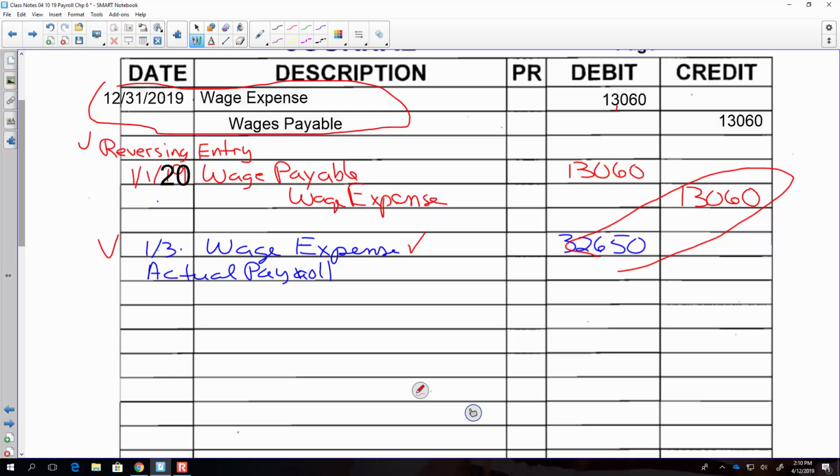But remember, as my circle says here, I'm going to net the 2 wage expense days, and basically I'm going to have a wage expense for the 3 days in the new year. So that's how the accrual reversal entry works for wage expense. It's the one main one that you will reverse, the others you don't.